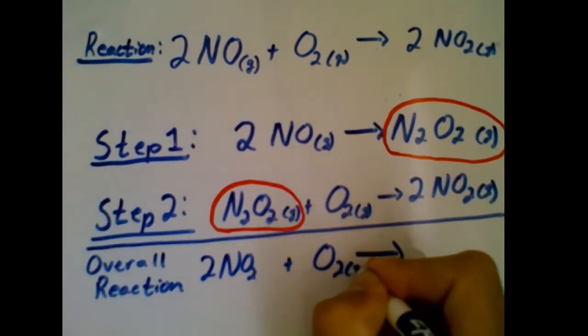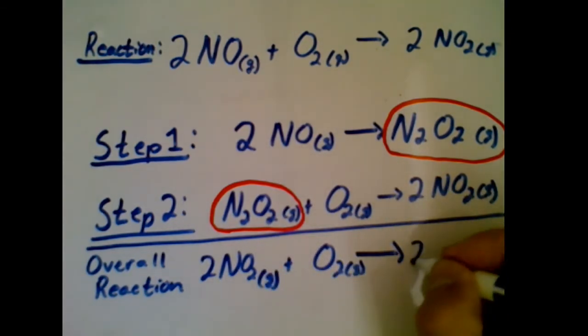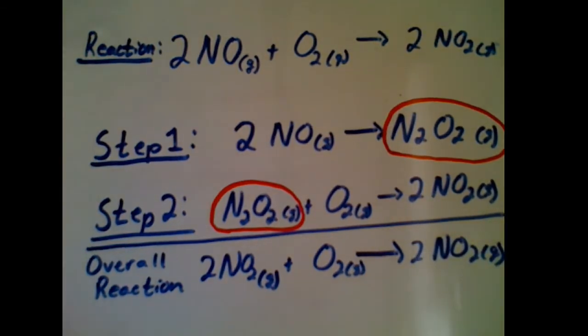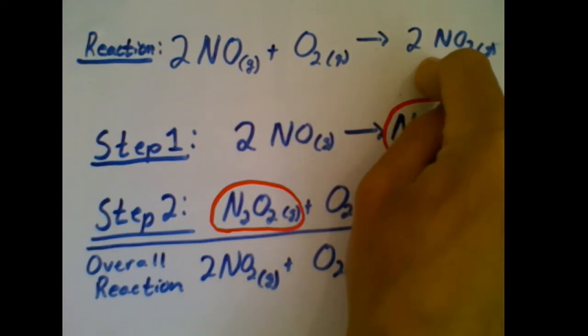So all that's left is 2NO plus O2, both as gases, and 2NO2 as our product. You see that the overall reaction that we added this up to be is exactly the same as the overall reaction when we started.